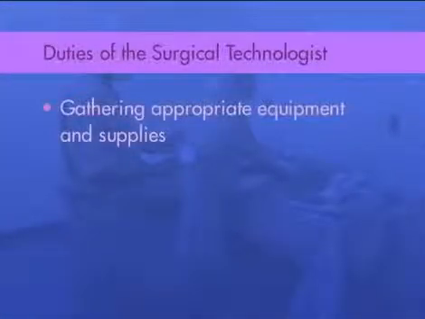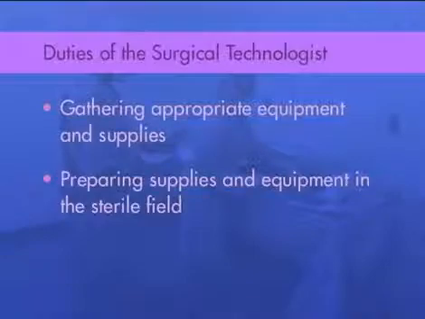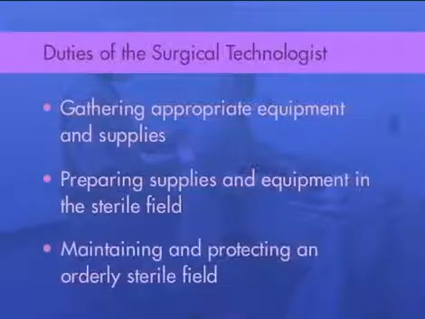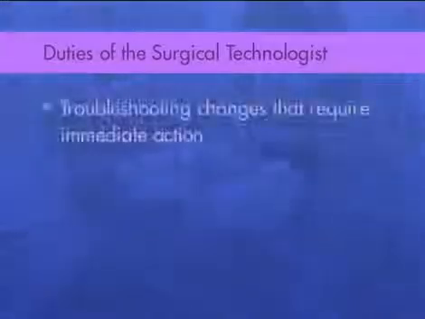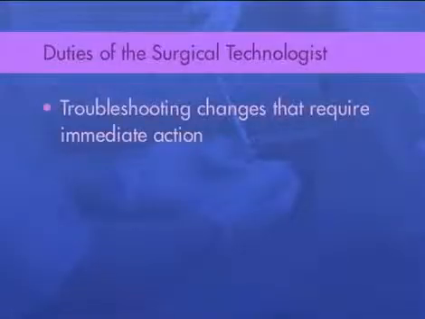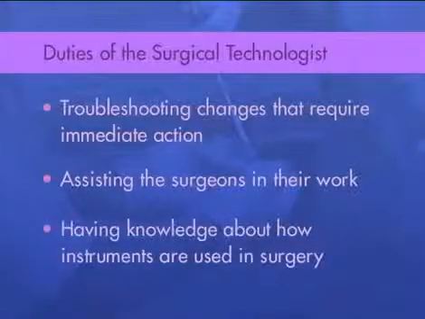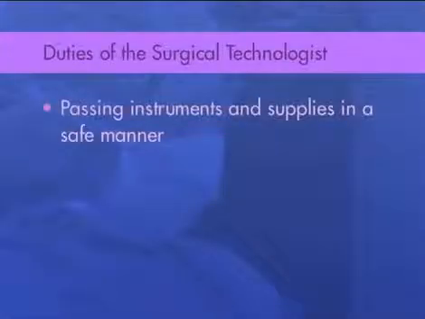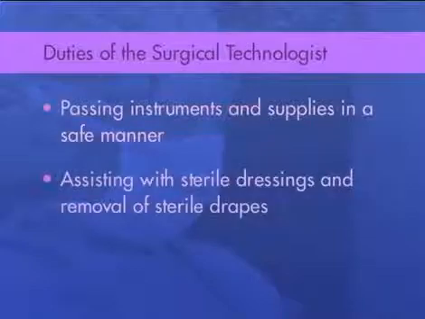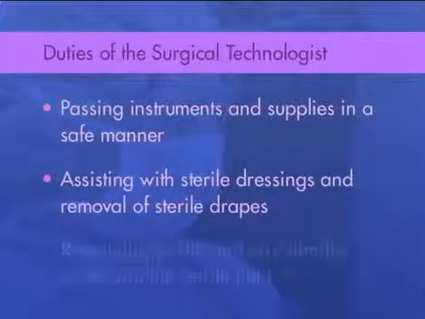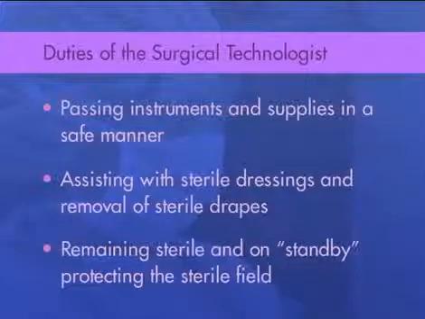In the perioperative setting, these are usually divided into time-oriented organization and include gathering appropriate equipment and supplies, preparing supplies and equipment in the sterile field, maintaining and protecting an orderly sterile field, troubleshooting any changes that require immediate action, assisting the surgeons in their work, having specific knowledge about how instruments are used in surgery, passing instruments and supplies in a safe manner, assisting in the application of sterile dressings and removal of sterile drapes, remaining sterile and on standby, protecting the sterile field until the patient is ready for transportation to the post-anesthesia recovery unit.